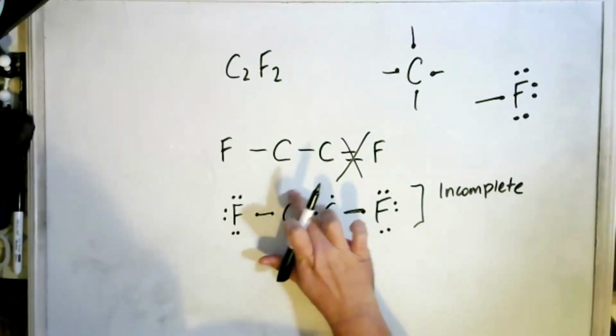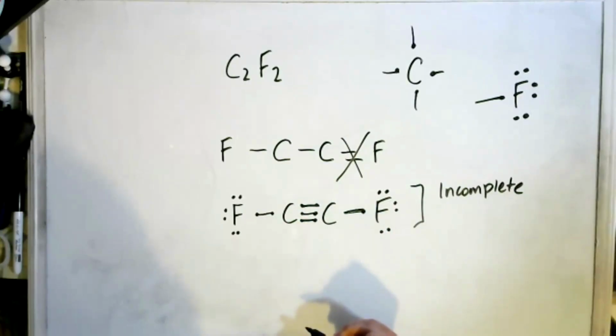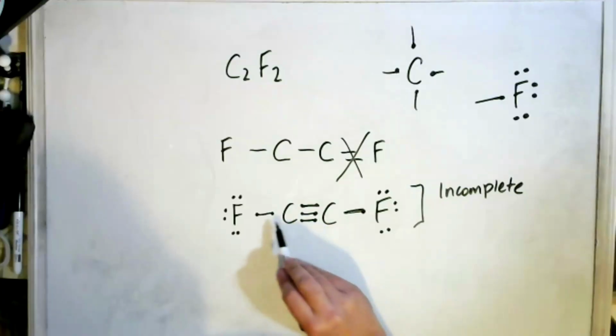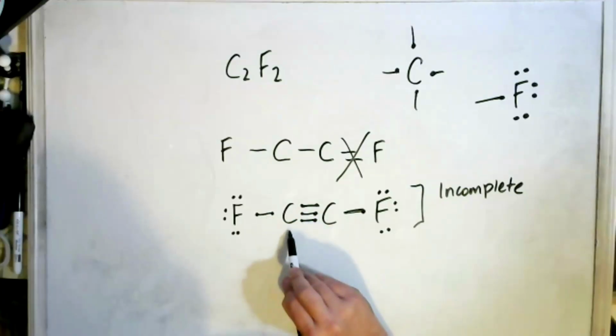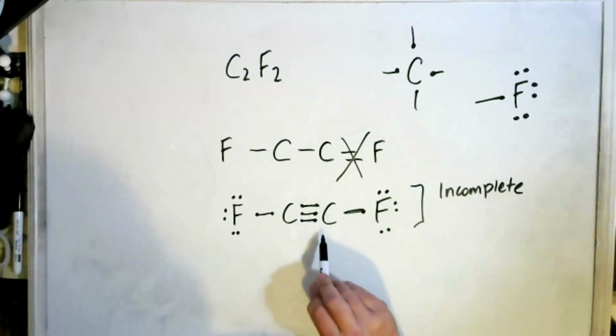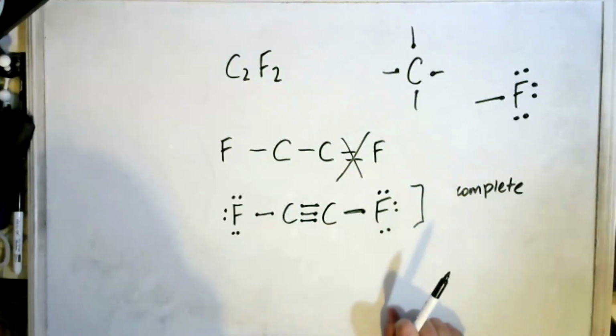It's got another set of single electrons up top though. All right, so when that triple bond forms, now carbon has 2, 4, 6, 8 electrons. And this carbon has 2, 4, 6, 8 electrons. Okay, this structure is the complete structure.